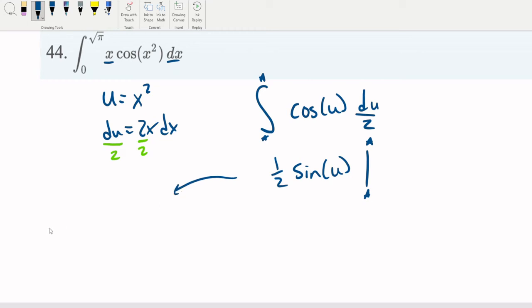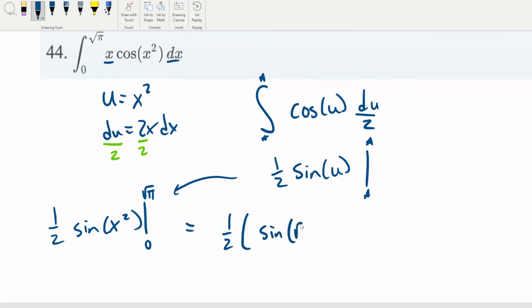So that's 1/2 sine x squared from 0 to root pi, which will be equal to 1/2 sine root pi squared minus sine 0, and that's squared inside. Okay, so then 1/2 sine pi, because the square and square root will cancel.